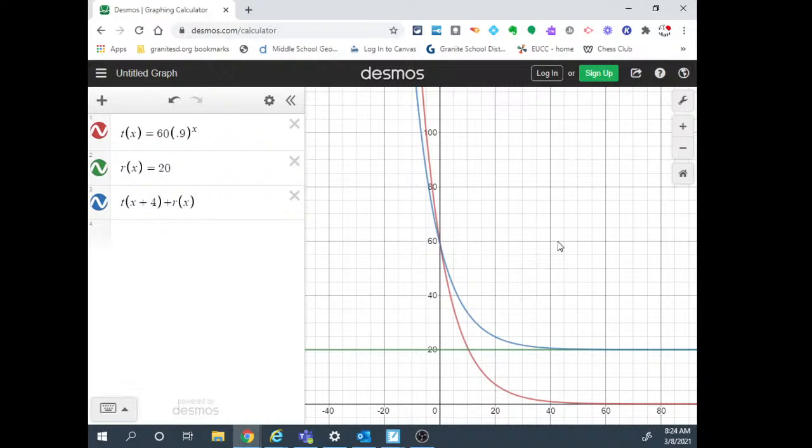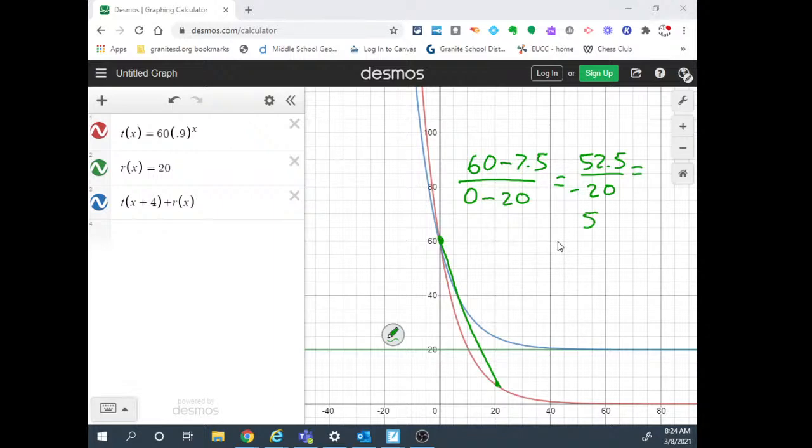We would do 60 minus 7.5, I don't know if these are actual values, sure looks like it, divided by 0 minus 20. So I'm getting 52.5 divided by negative 20. I would expect a negative rate of change because it's decreasing, right? Something like negative 5.25 over 2.